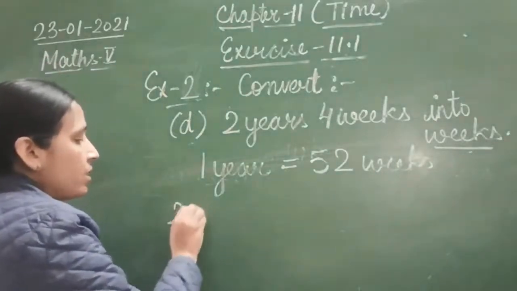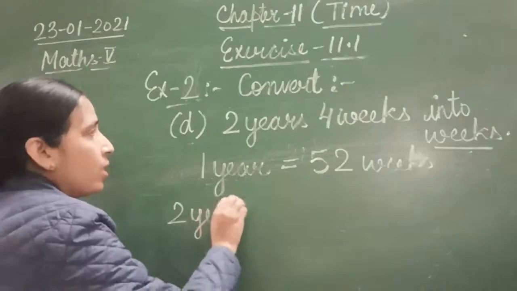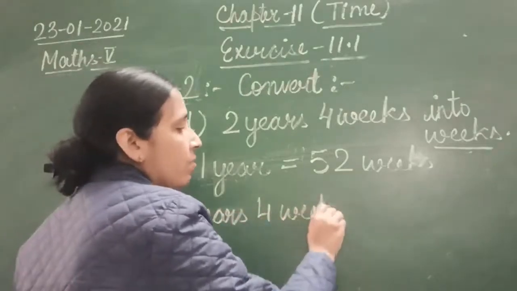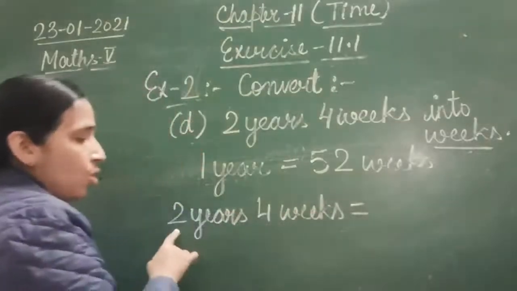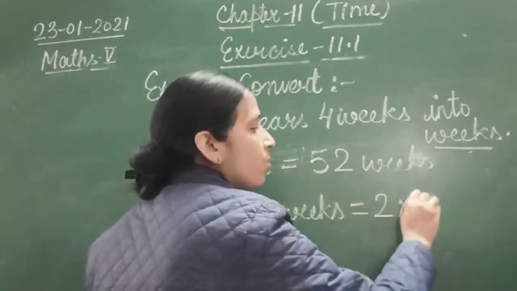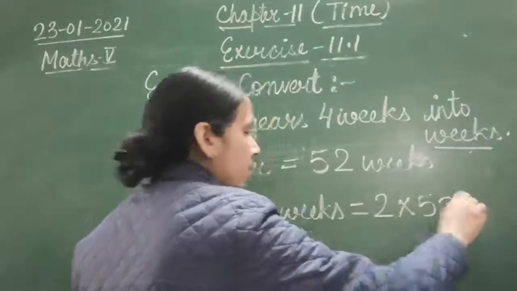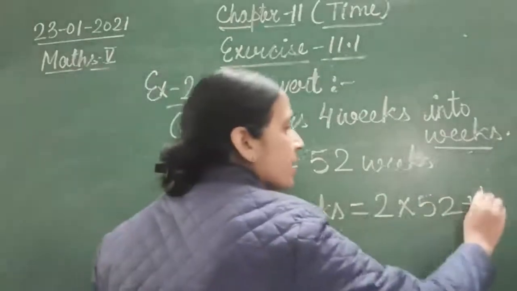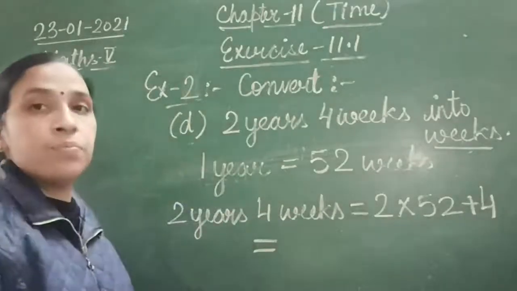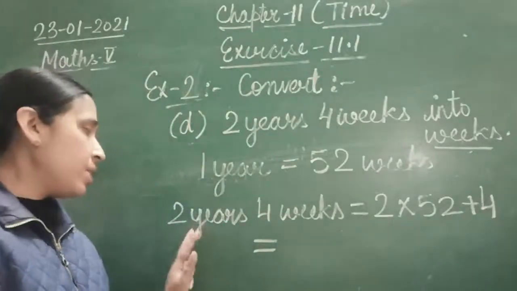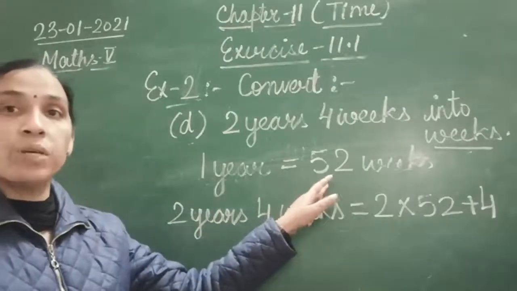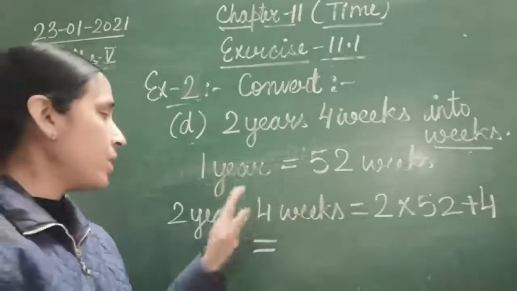So 2 years, 4 weeks is equal to 2 multiplied by 52 plus 4 weeks. In 1 year we have 52 weeks.